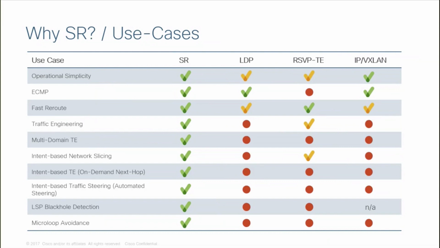So you get the idea as to why SR is catching so much interest from architects, for those of you who are evaluating SR, and obviously there is a large number of people that have already deployed SR. I'll give you a view on that in a further slide.